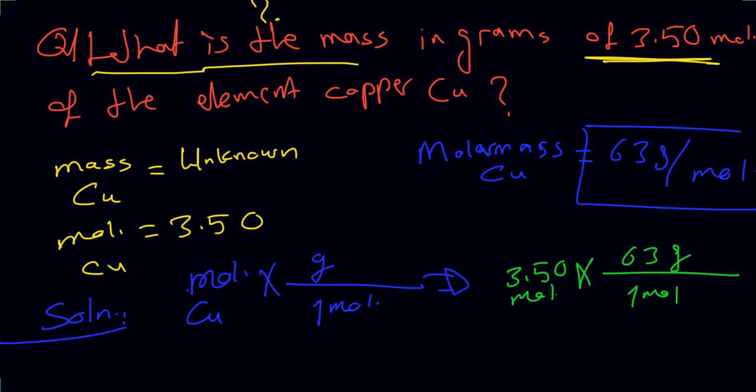So this number multiplies 63 by 3.5, okay, 63 by 3.5 gram. So the result is equal to 222 gram of copper.